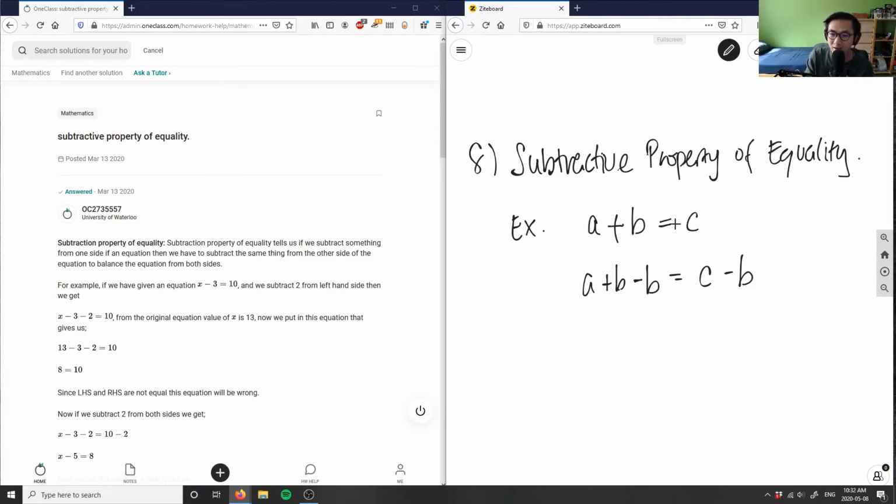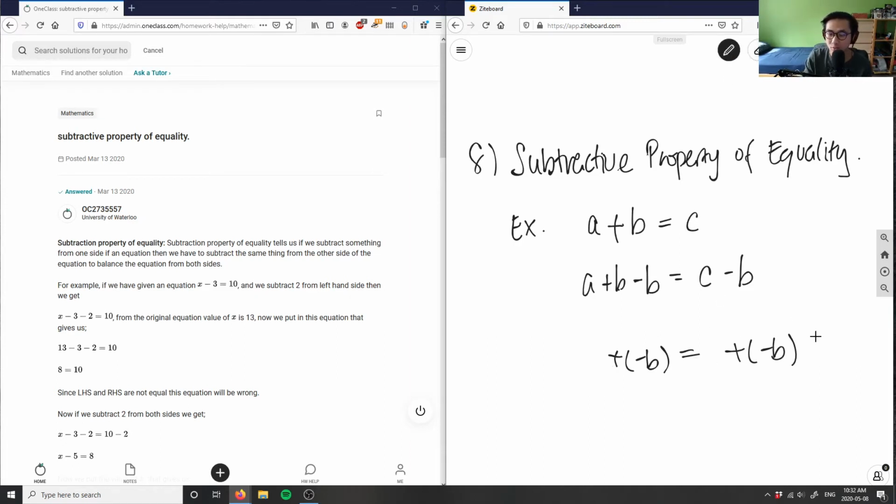You can think of it as adding minus b to one side and adding minus b to the other side. b is just a simple constant value, so every time I take a subtraction from one side, I need to take the same subtraction from the other side. This is a property of algebra that we use to solve equations.